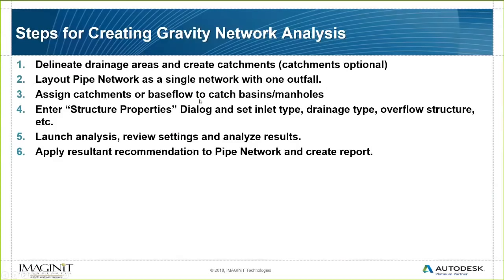Then I assigned catchments or base flows to them. Then you could use the properties dialog box if you wanted to, or just launch the analyze gravity network, and then apply the results to the pipe network. Sorry, a bit of an aside. I forgot to add that last time.